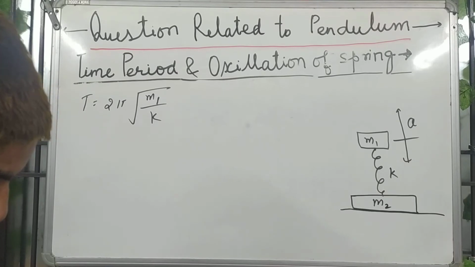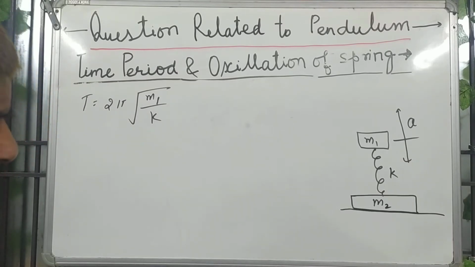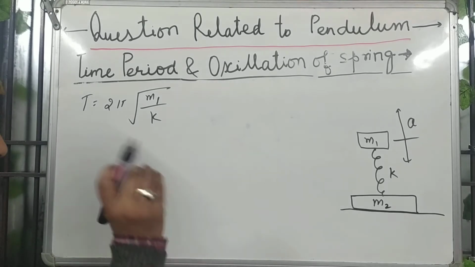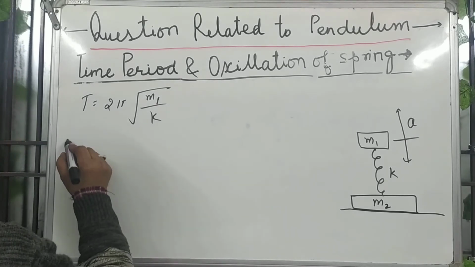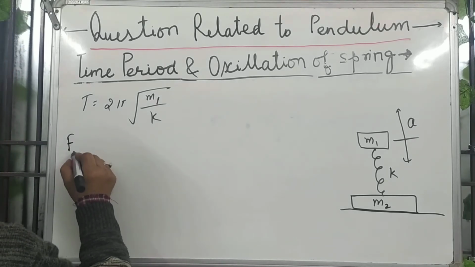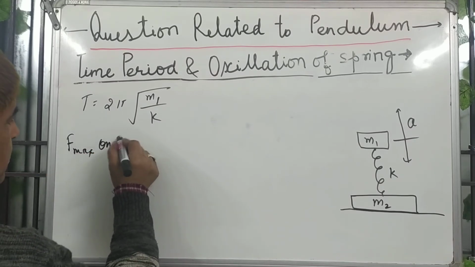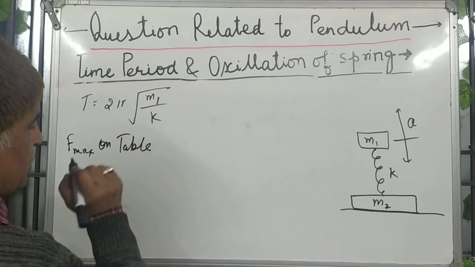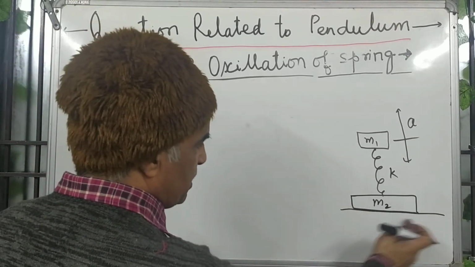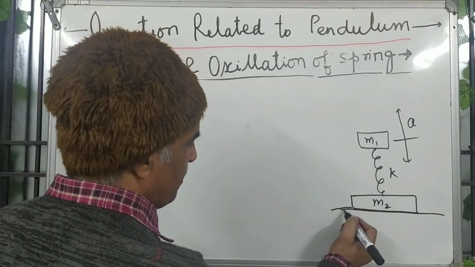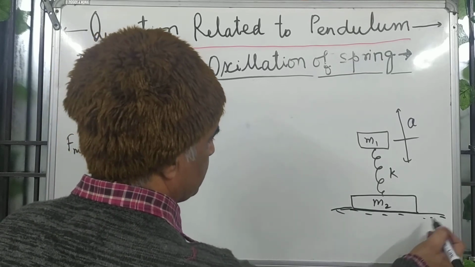Now the second case is: what is the maximum reactant force on the table? So F maximum on the table. Practically this is the table, you can say table or you can say ground.